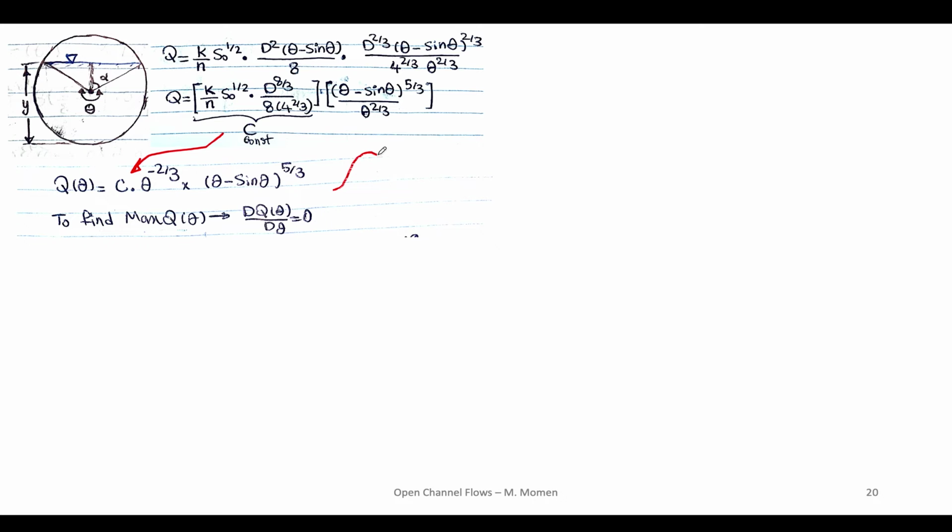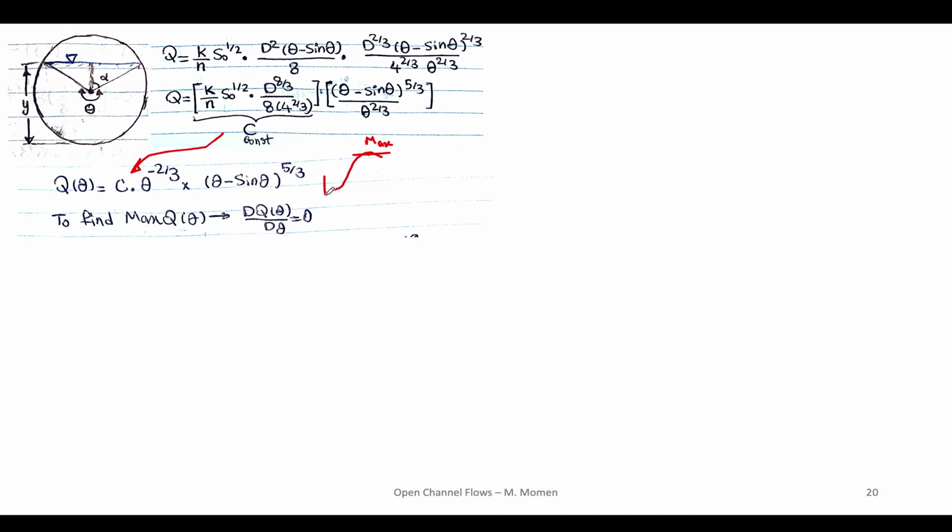If you have any curve like this, then you will find the slope by taking the differentiation, and once this slope is 0, right, then you will have the maximum of that function, right? So this is going to be the max. So that is the same strategy, or the same approach I'm going to use here.